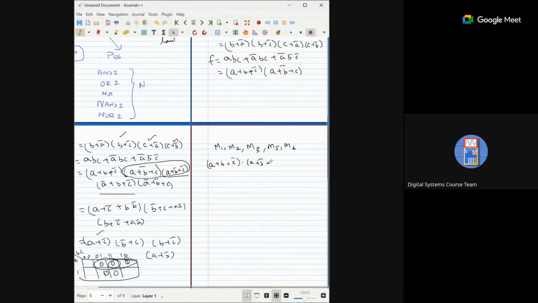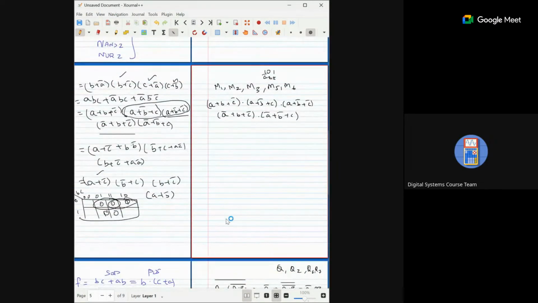Then 0, 1, 1. M5 is 1, 0, 1. Yeah, A bar B plus C. A bar B plus C bar, right? Yes, sir. 101 means A bar, B, C bar. Then here also I mentioned it like that. 6 means A bar plus B bar plus C.